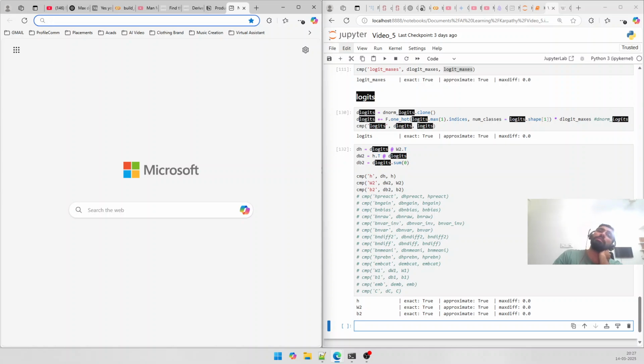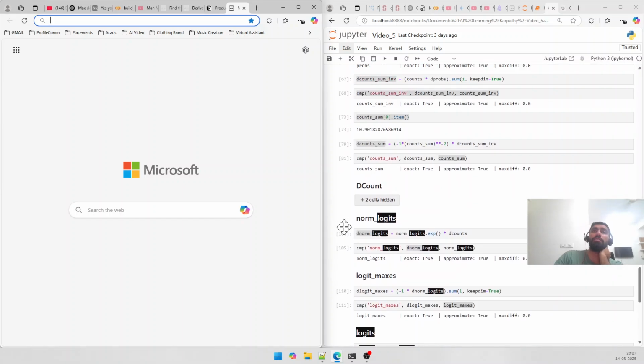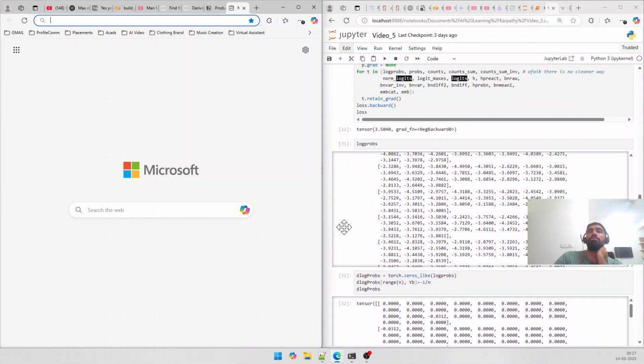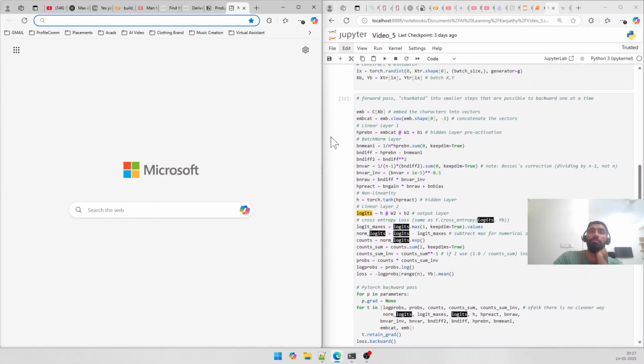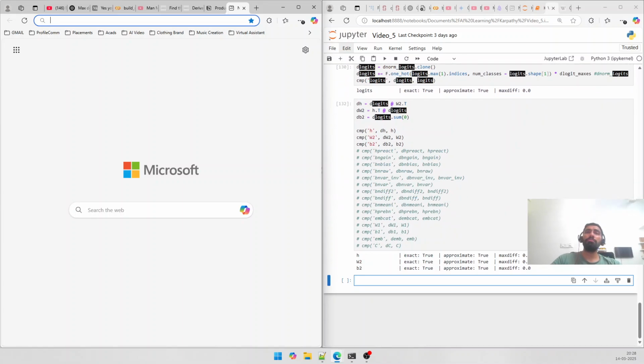Next is HP React. So d loss by d HP React is something we need to calculate.